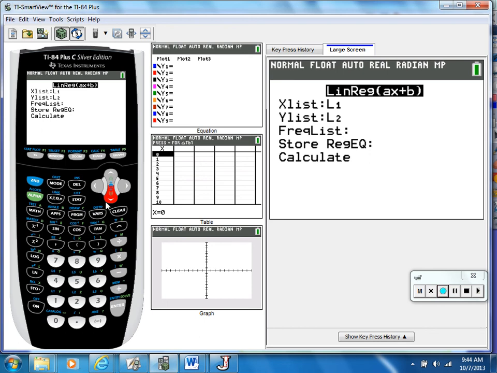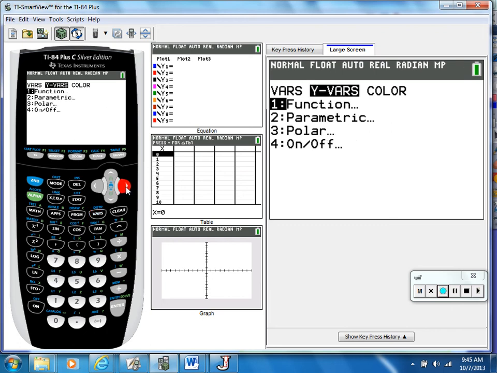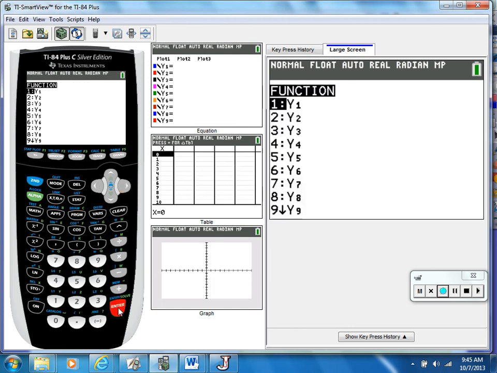So while I'm on this line, I'm going to click the vars key. That's the now highlighted key below the down arrow. I'm going to click over once. And then I click enter and enter.